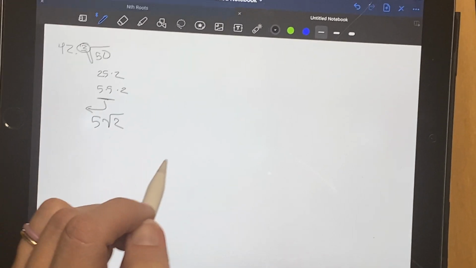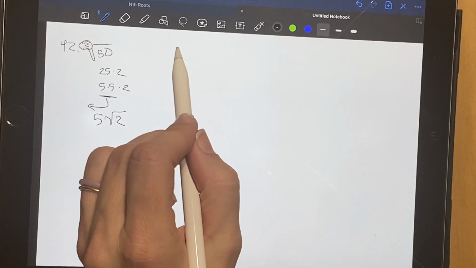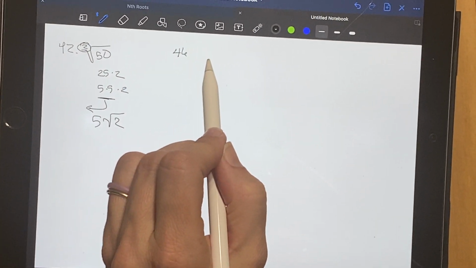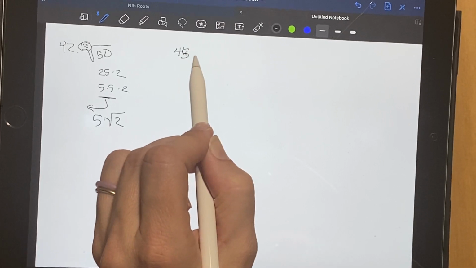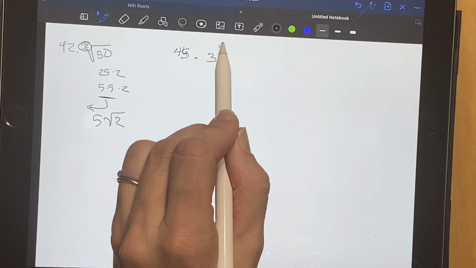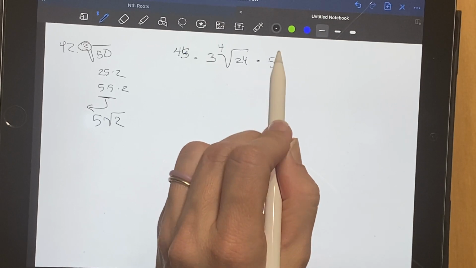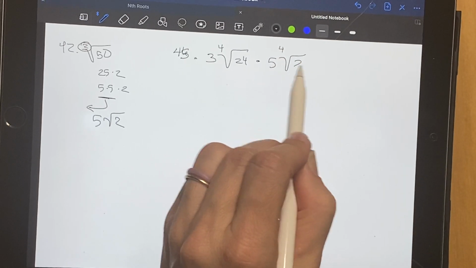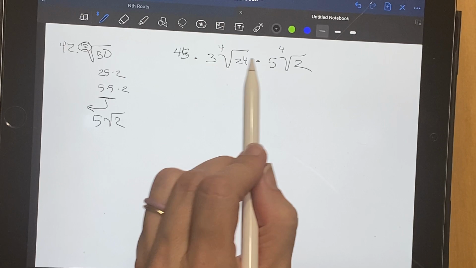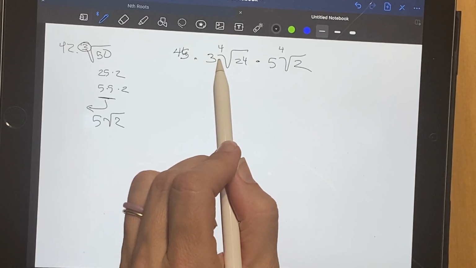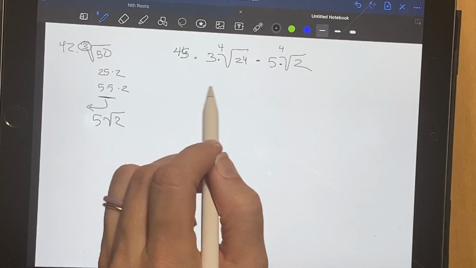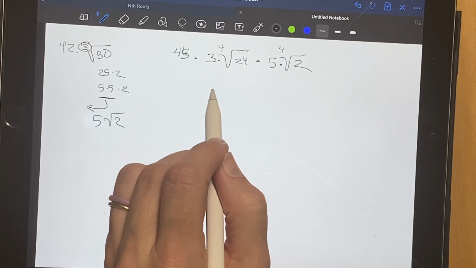When we are looking at number 45, let's look at that one. 45: 3 times the fourth root of 24 times 5 times the fourth root of 2. Remember, this is all multiplied, and these coefficients really are multiplied as well. So I'm going to put all of my whole numbers together.